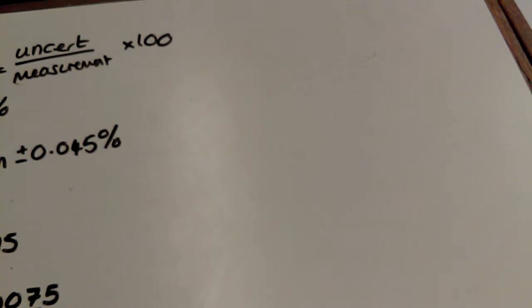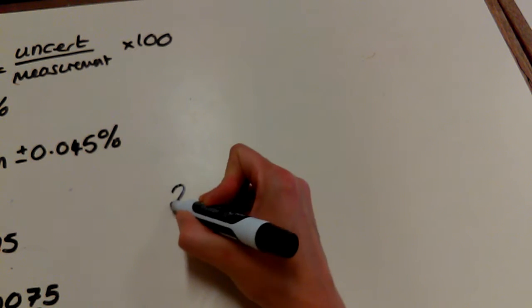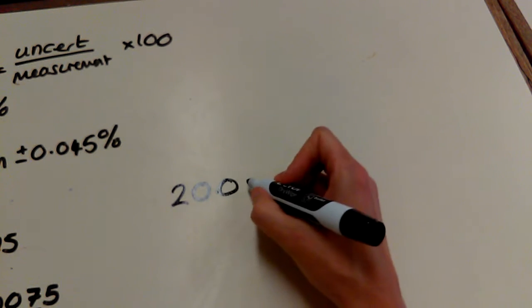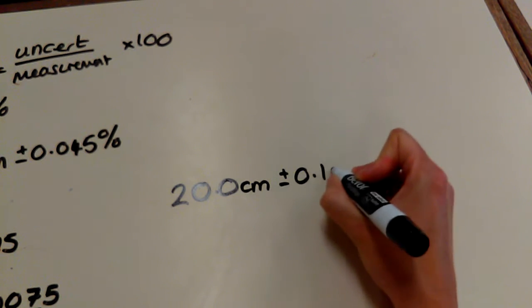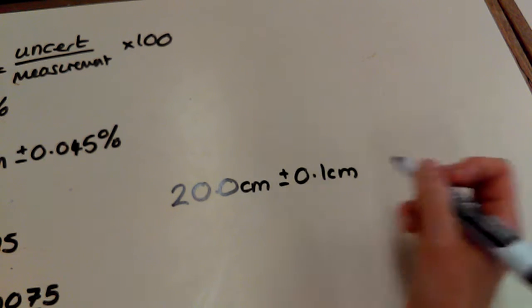I'll show you quickly why that would be something to think about. Say we were using an ordinary ruler that measured to the nearest millimetre, and we're measuring a distance of 20 centimetres. We'd write that as 20.0 centimetres plus or minus 0.1 centimetres. We'd probably put it in metres really, because we like using metres better.